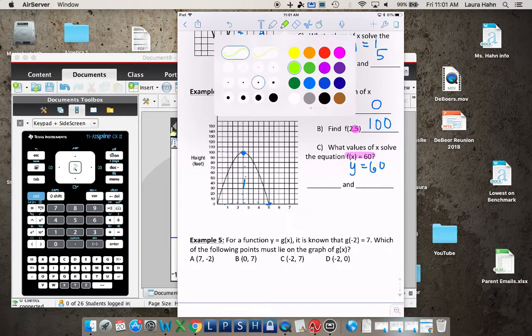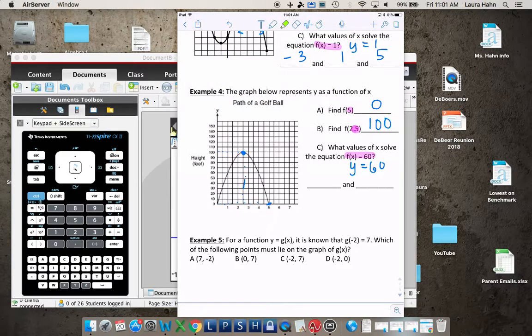And I'm going to highlight at 60, because I want to figure out where my graph is when it's at a height of 60. So I know it's here. Keep going. It's also at a height of 60 here. So now I need to trace those to the x-axis because that's what I'm trying to find.